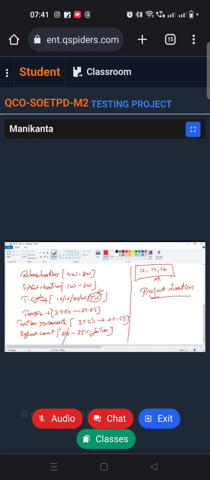Reshma, 3 sprints per release: a 6 weeks release means the first 2 weeks one sprint, next 2 weeks one sprint, next 2 weeks one sprint. The third sprint also will have 2 weeks. 1 week means how many days?